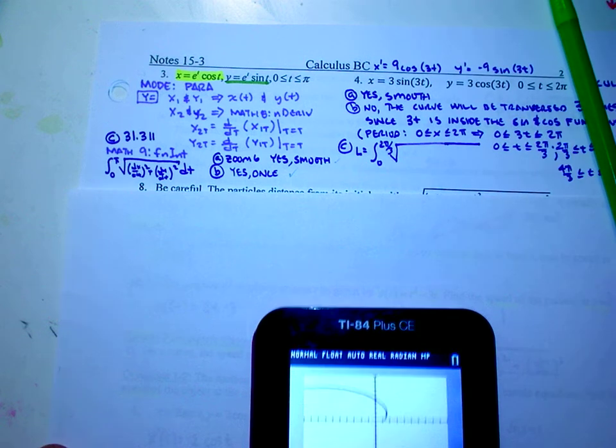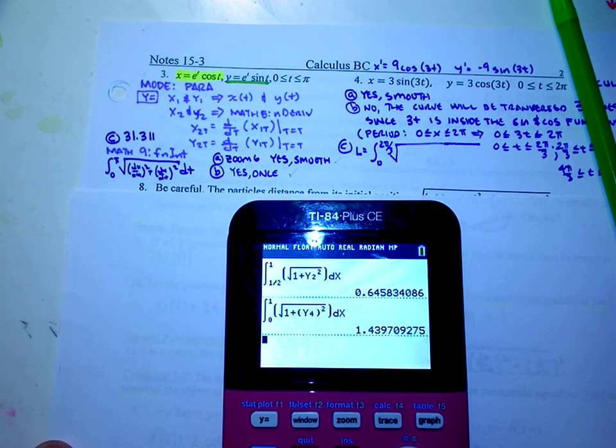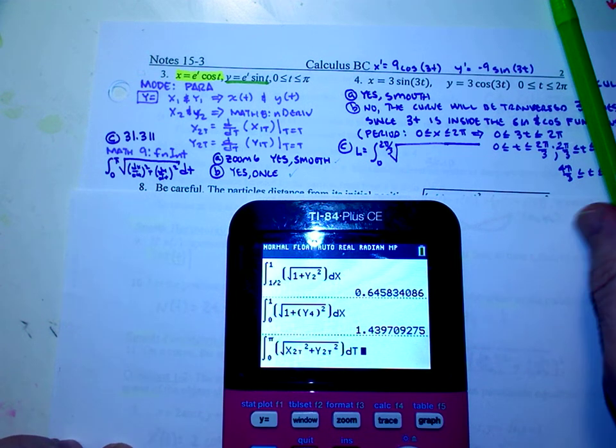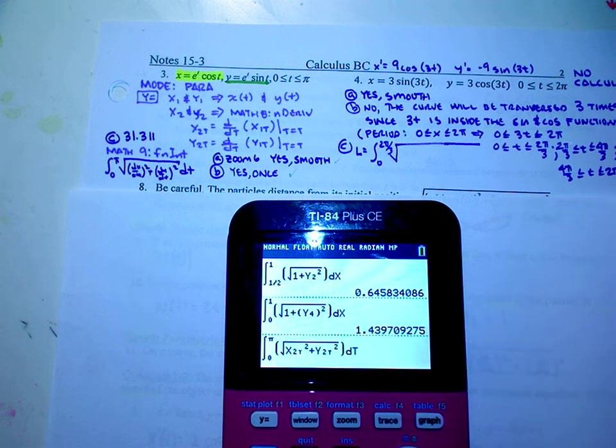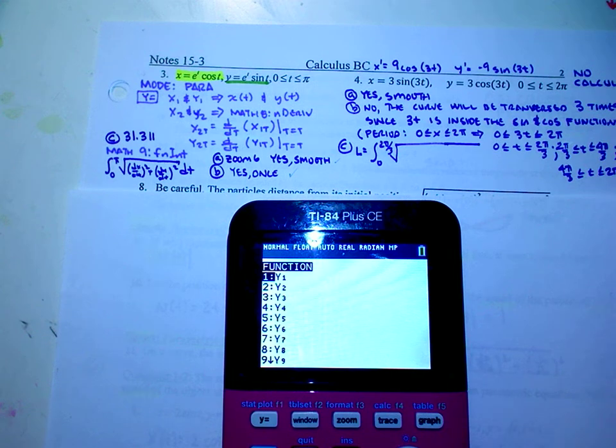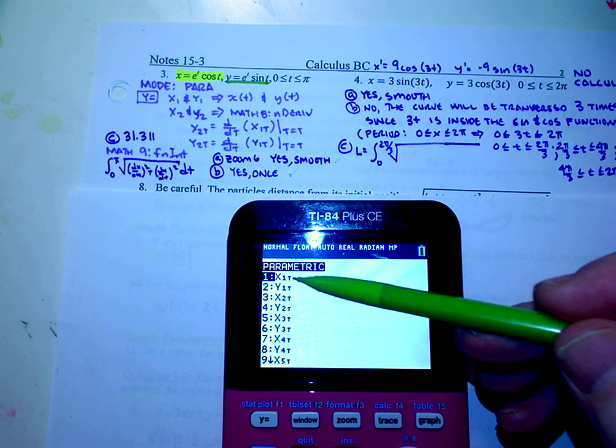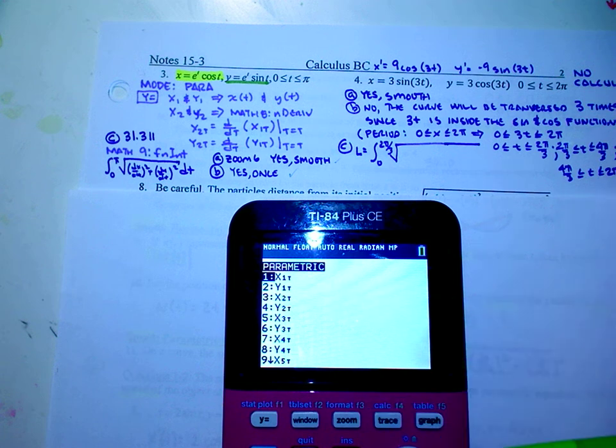So in our calculator, what we're going to do is, and again I have that entered in here somewhere, there it is. You'll see I'm integrating this from 0 to pi. Then we'll take the square root, and then just like we did before, you're going to go to your vars and go to parametric, and then choose your x and y respectively for this one.